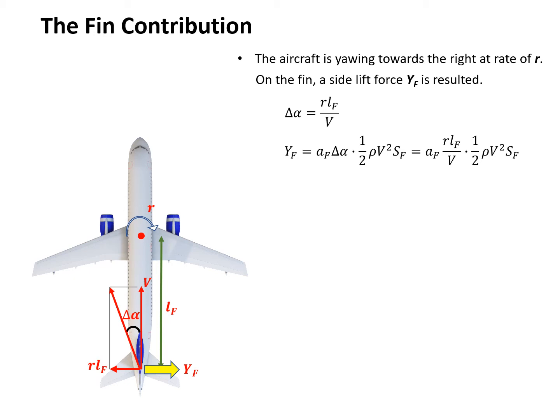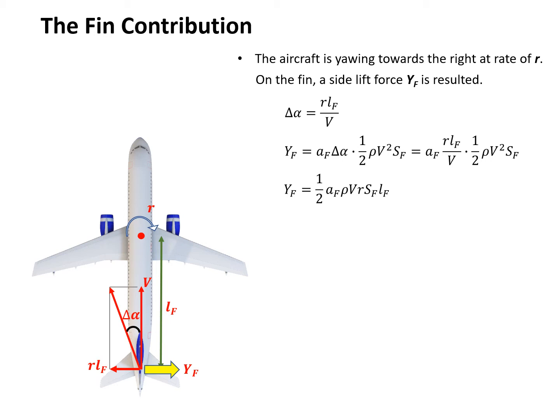Here aF is the fin lift curve slope, and delta alpha is the angle of attack, so aF times delta alpha is the lift coefficient. Then we multiply by half rho V squared times SF. Then we plug in delta alpha, and tidy it up to get this relation.